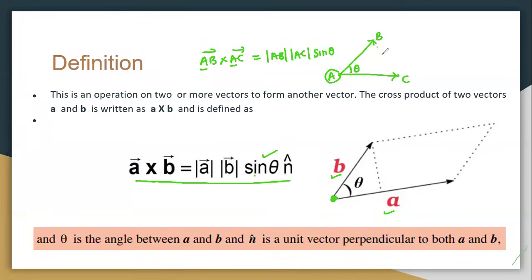In case I have another vector and I want to find the direction perpendicular to the two vectors, then if the common point is C, I'll use CB and CA as my vectors. And therefore, I make sure that the angle in between is theta. So that's what we call the common point, or the reference point.